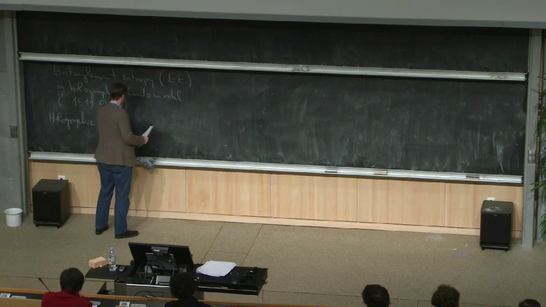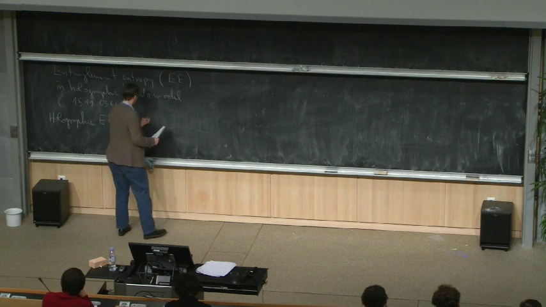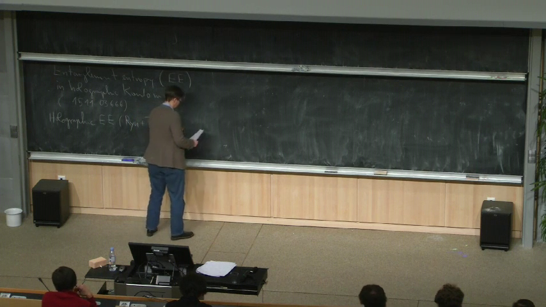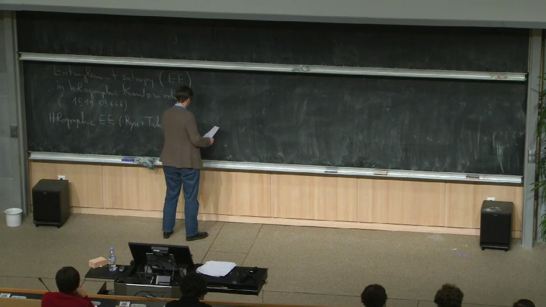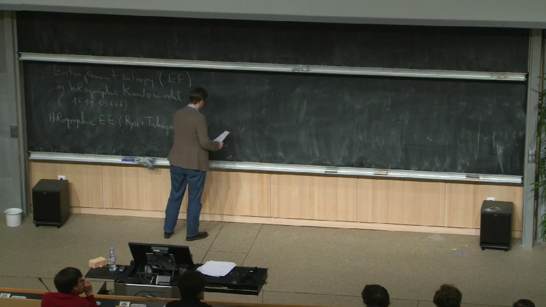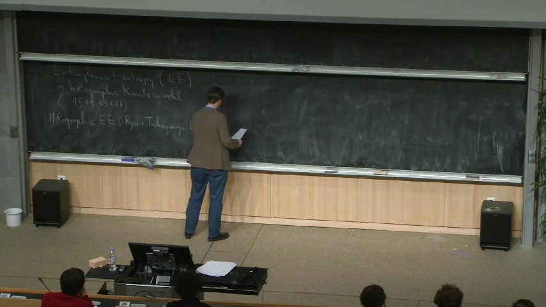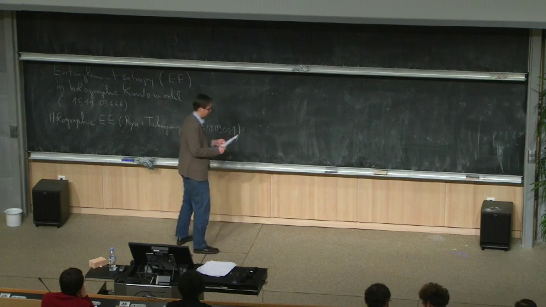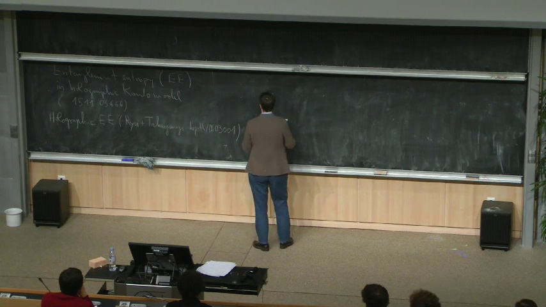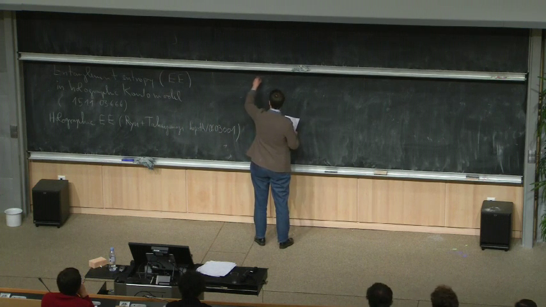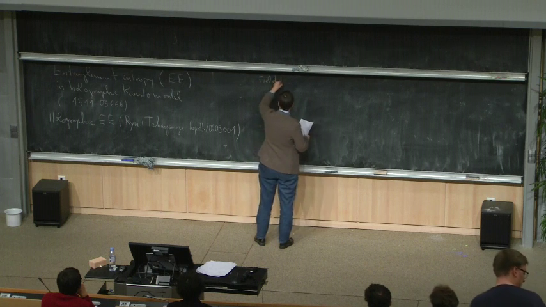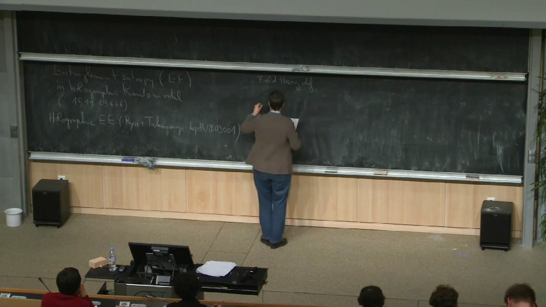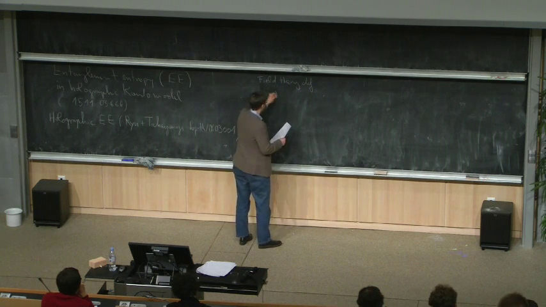There's this very famous paper by Ryu and Takayanagi, hep-th/0603001. Let me first review the field theory definition of the entanglement entropy. Consider two space-like separated regions.